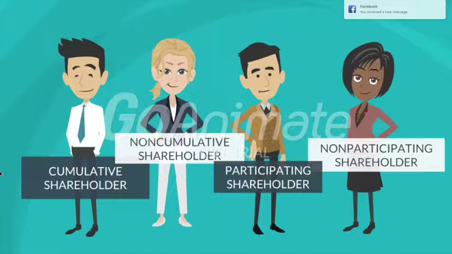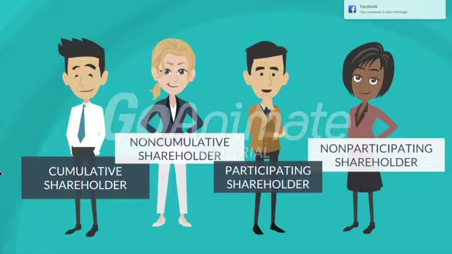Participating, where preference shareholders are entitled to additional dividends after the payment of regular dividends to both the preference and ordinary shareholders. There are two classes of allocation when a preference shareholder is fully participating. The excess dividend is allocated proportionately to the two classes of share capital based on PV. However, it is up to a certain percentage only.